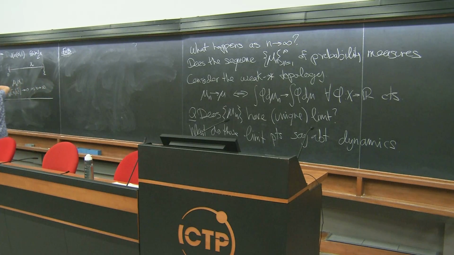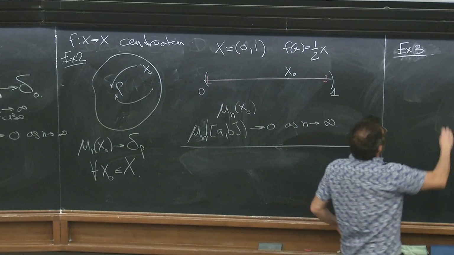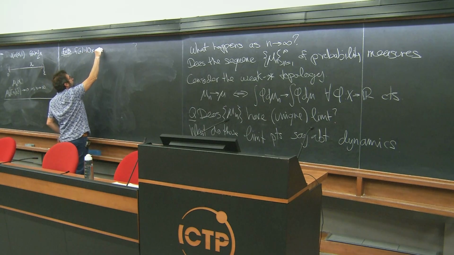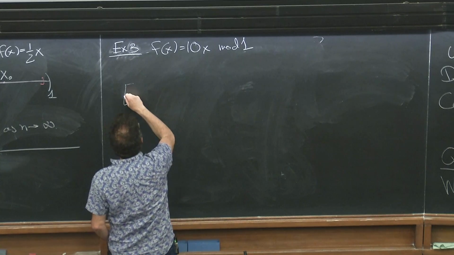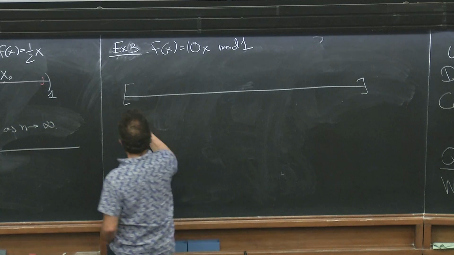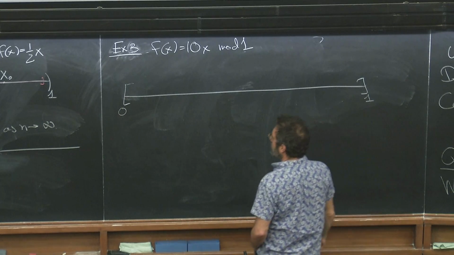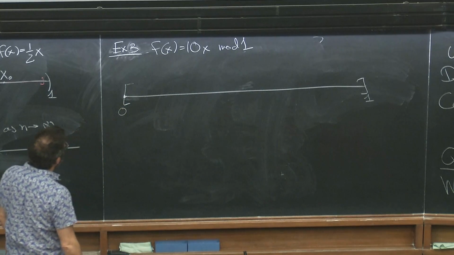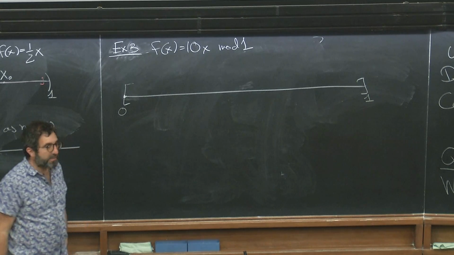Let's call this example 3. So now let's consider f(x) = 10x mod 1. Now, the situation becomes much richer here. So we know that we have fixed points.